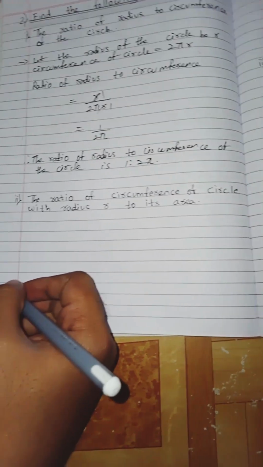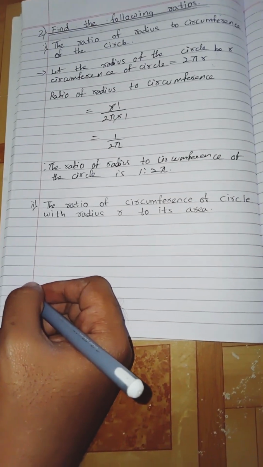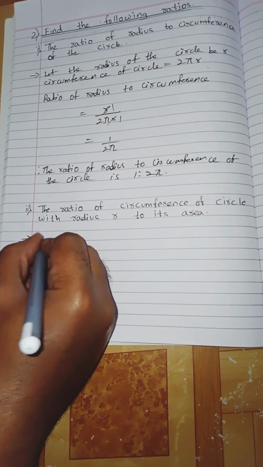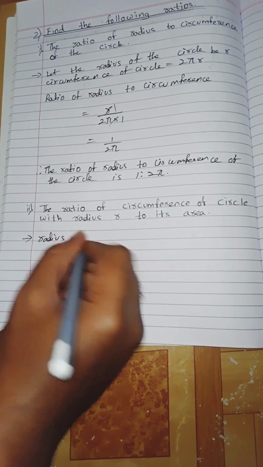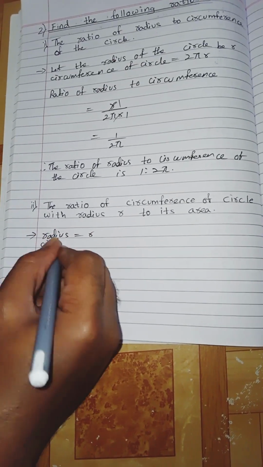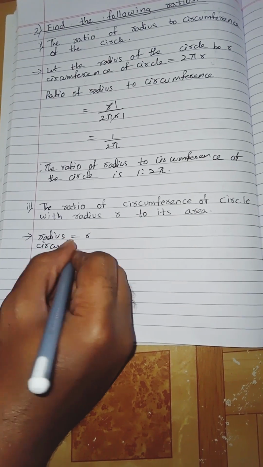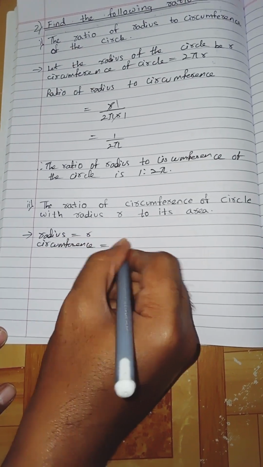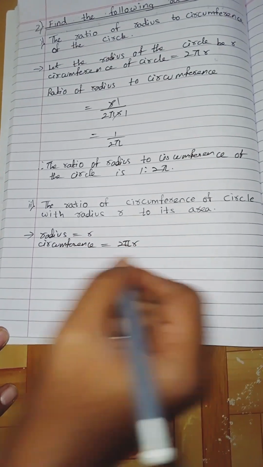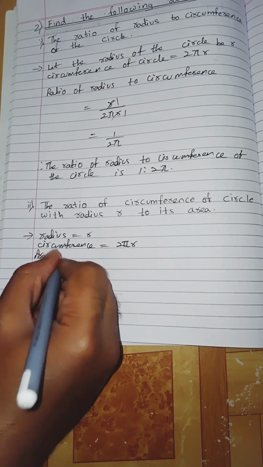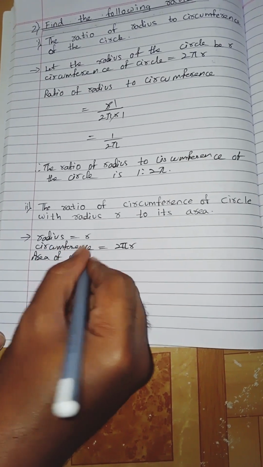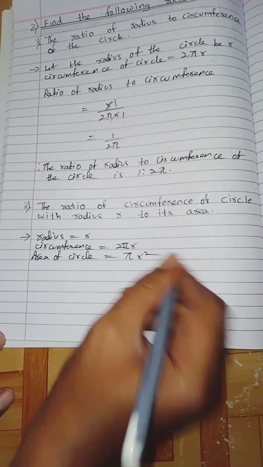Second question. The ratio of circumference of circle with radius r to its area. Radius is given, radius is equal to r. Circumference, as you have seen in the first question, is equal to 2 pi r. Now the formula for area of a circle is pi r square.